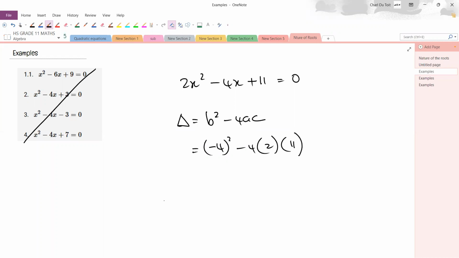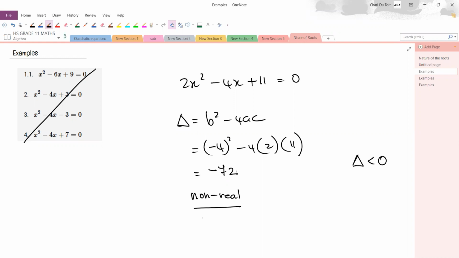Put that in your calculator. I get negative 72. So that is just when delta is smaller than 0. So this is non-real. It means it doesn't exist. There are no x-axis intercepts.